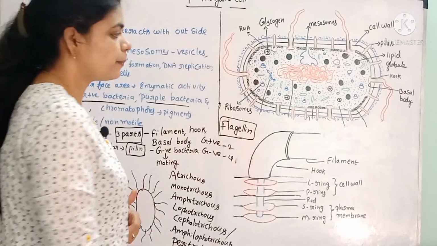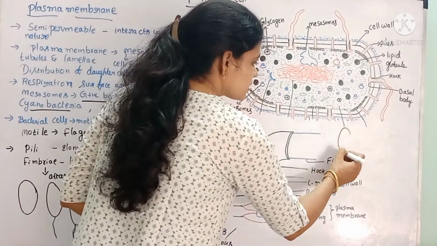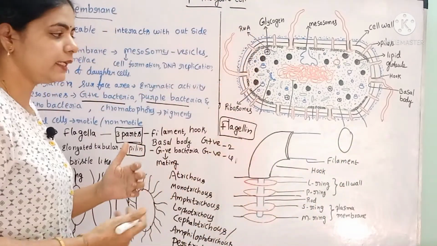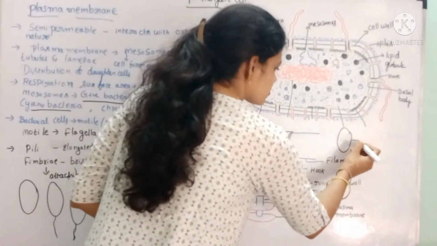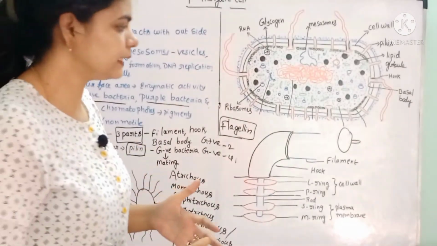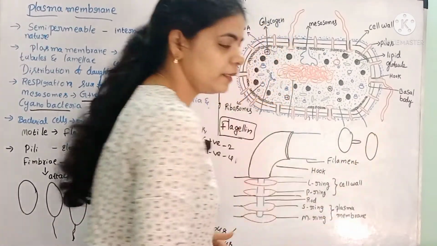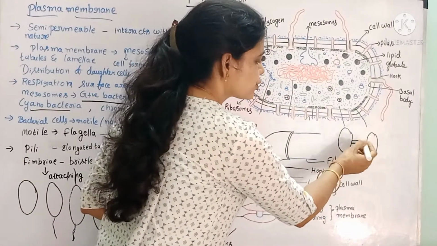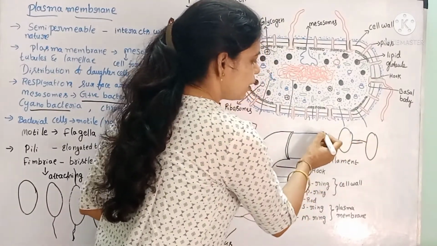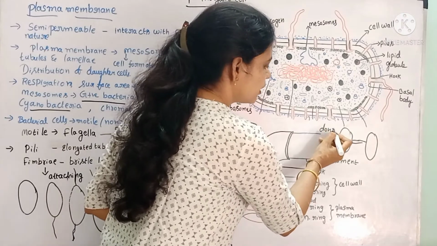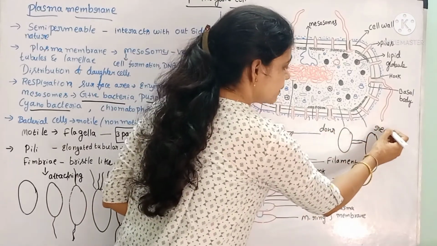In gram-negative bacteria, these pili help in the mating process. Between two bacteria, mating takes place, right? During that time, the pili form a tube-like structure. This is called a donor, and this one is called a recipient.